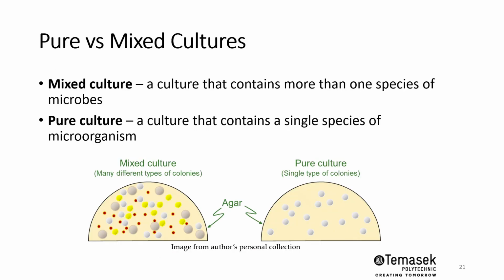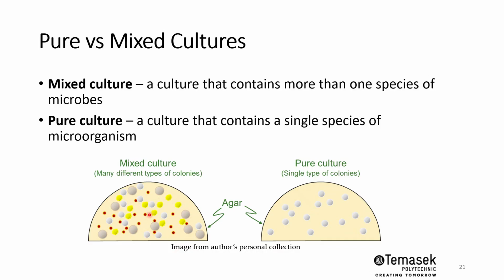So let's look at the difference between pure and mixed culture. A culture that usually contains more than one species of microbe is called a mixed culture. If you see on the schematic here on the left hand side, a mixed culture often contains many different species of microbes, and hence different types of colonies that you can expect.